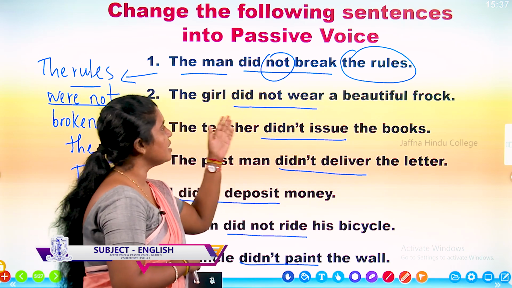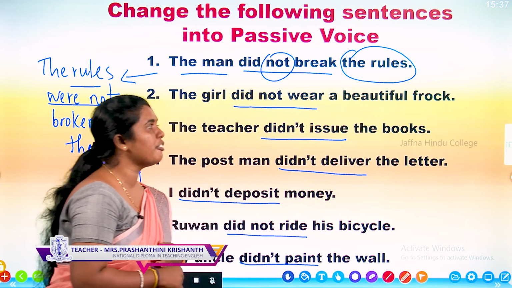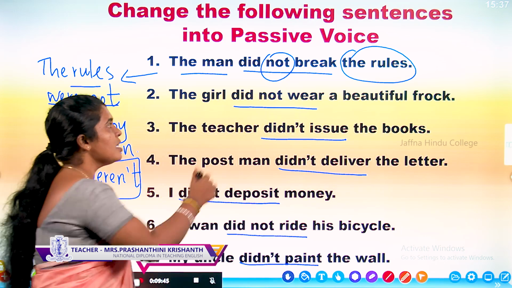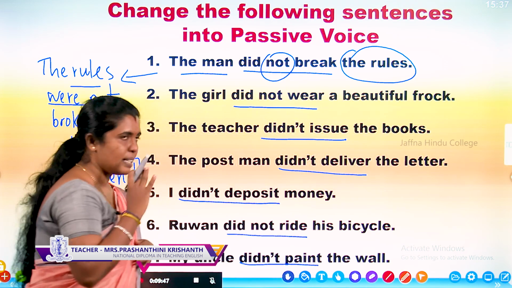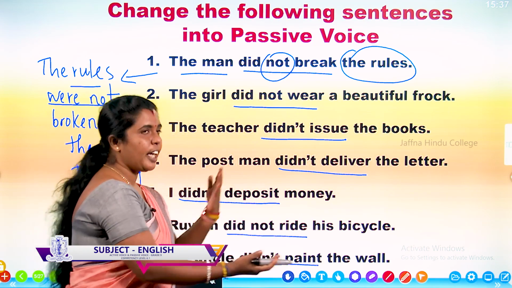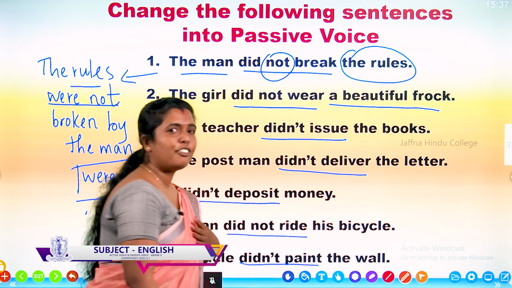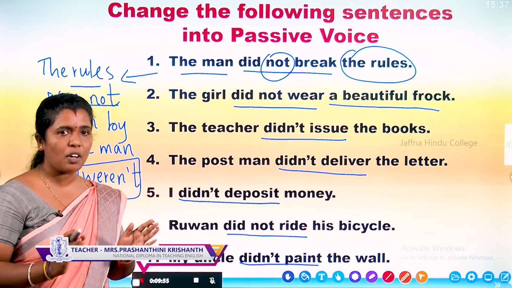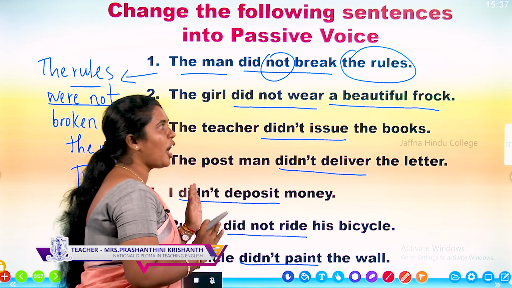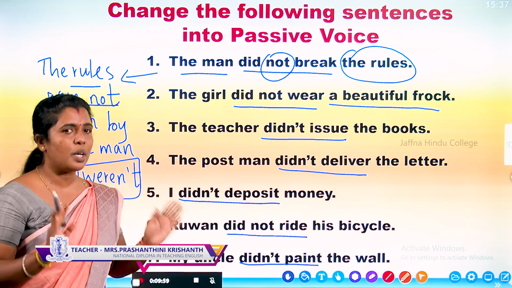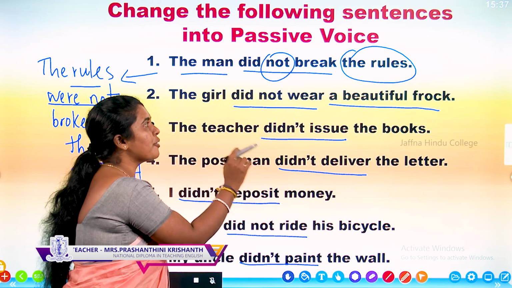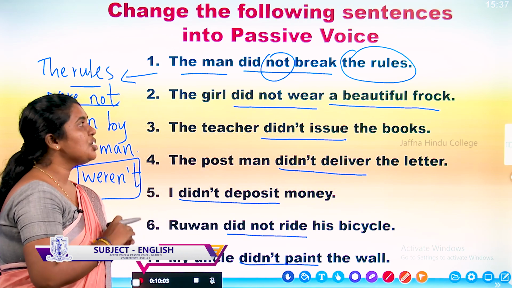The girl did not wear a beautiful frock. Okay, so did not wear, so this is simple past tense. We have to take the object first. What is the object? A beautiful frock. A beautiful frock is singular, so you have to use was. So a beautiful frock was not.